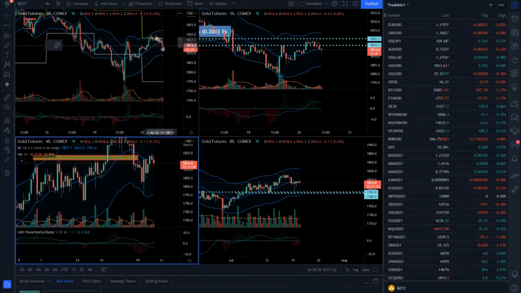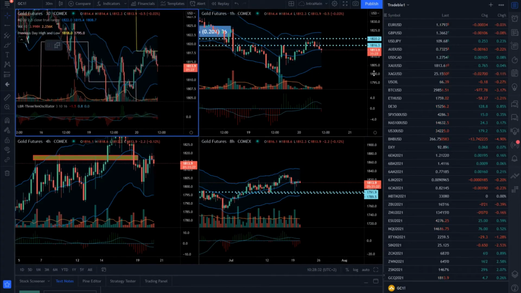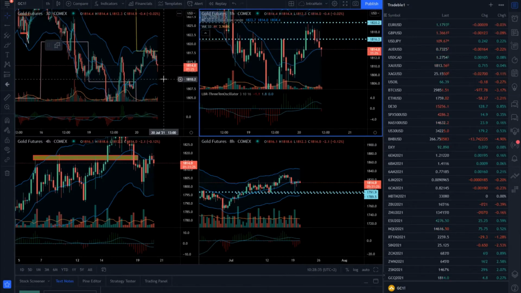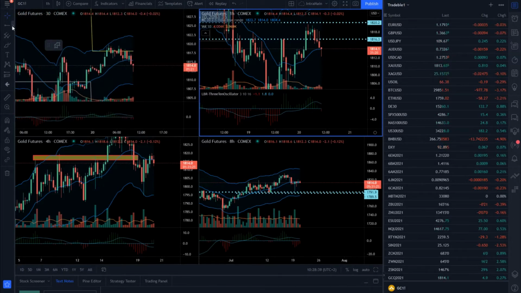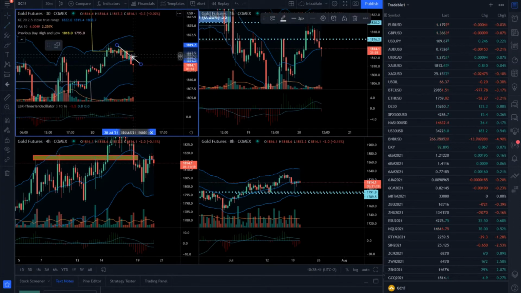There was a pullback, and I treat this like a pullback on the hourly time frame and the 30 minutes right now. So I guess if we complete this pullback, so we got this down movement, it seems like we're doing some flag formation.